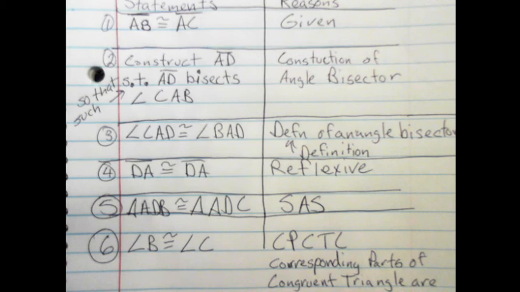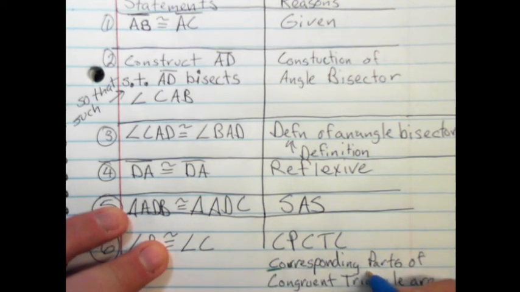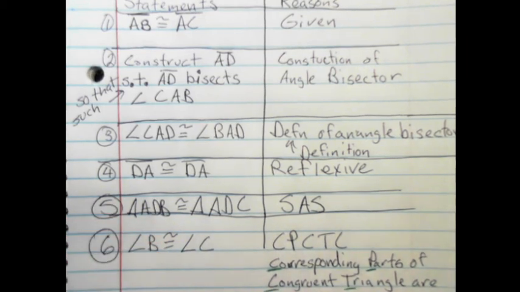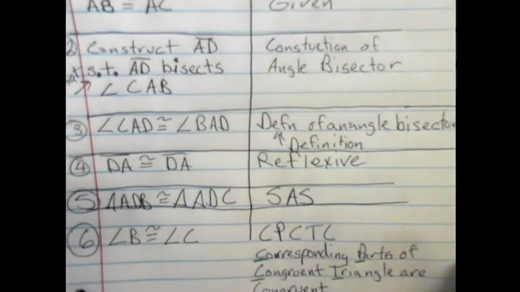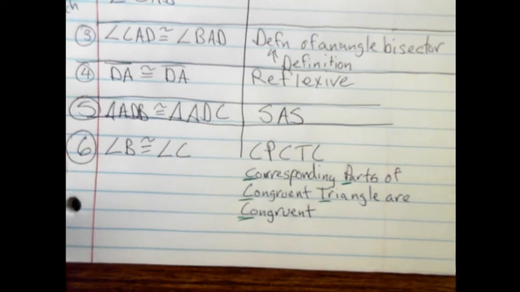So a lot of times we're going to have a triangle which could be divided up into other triangles. And then from there we can prove that the corresponding parts of congruent triangles are congruent.